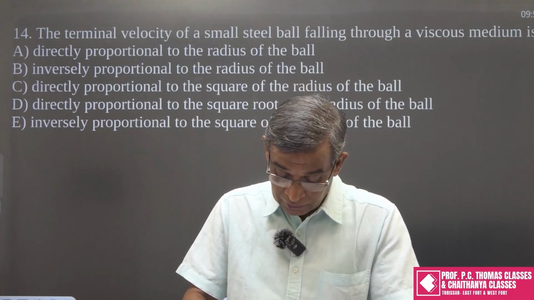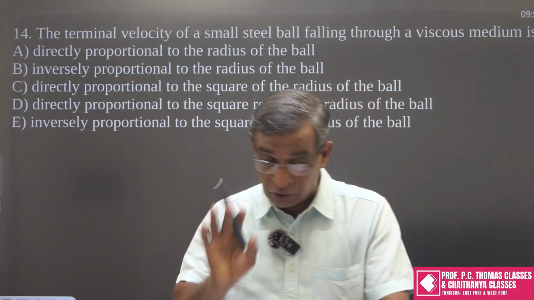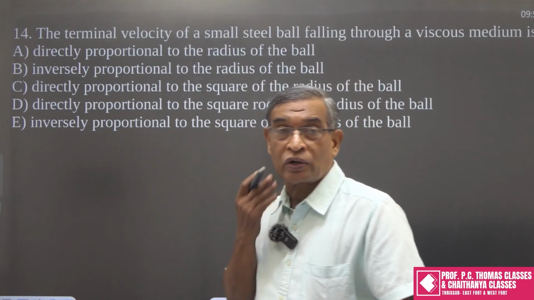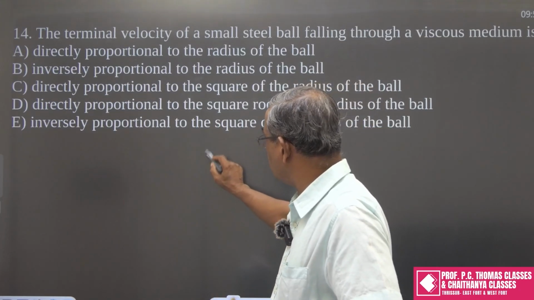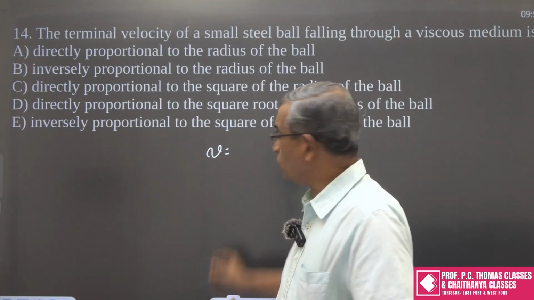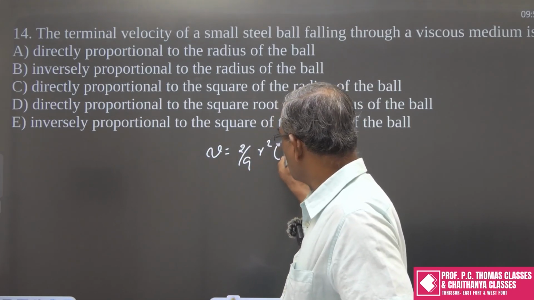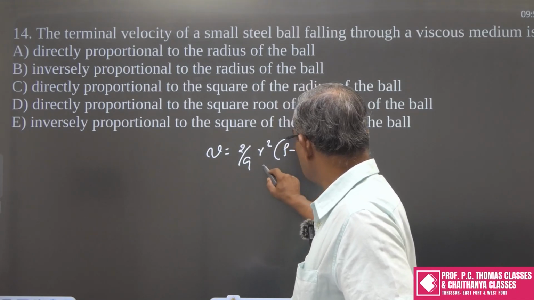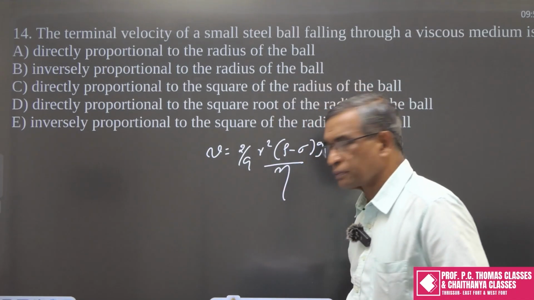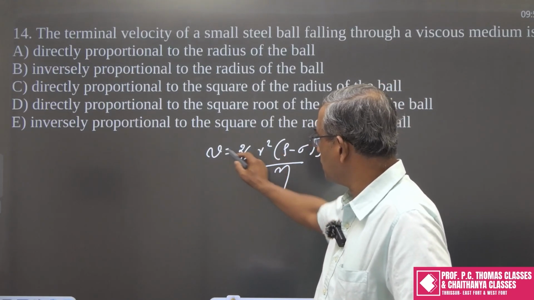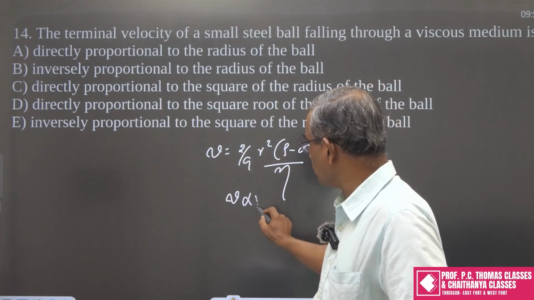The question is the terminal velocity, not viscous force, terminal velocity. The expression for terminal velocity attained by a body when it falls through a viscous medium is v equal to 2r squared (rho minus sigma) g by 9 eta. This is our expression, in which the dependence on r is direct, so v is proportional to the square of the radius.